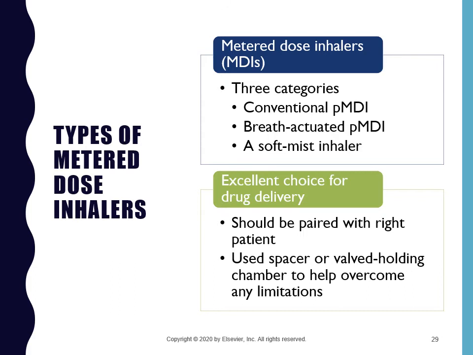The category should be paired with the right patient, and you should use a spacer or valved holding chamber to help overcome patient limitations. And again, you'll lose 50 to 80% of the medication if you don't use a spacer or valved holding chamber.